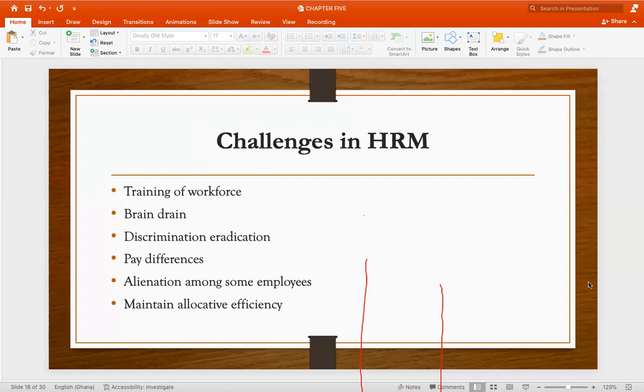But in most cases, you get those who are unskilled or untrained coming in. So there is the need for you to spend much more on them to train them to that standard. Those who are already trained, who could fit in easily without much effort, will not be coming.